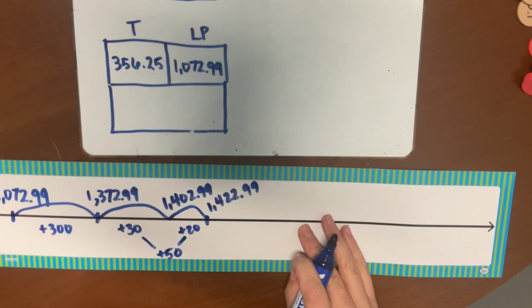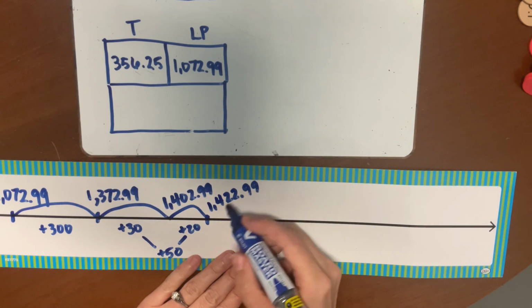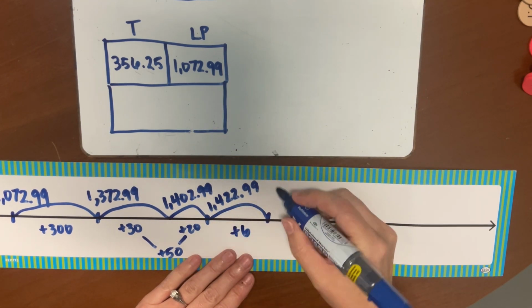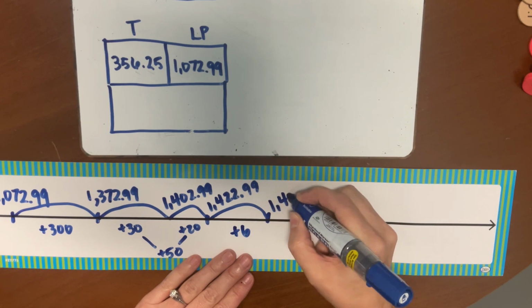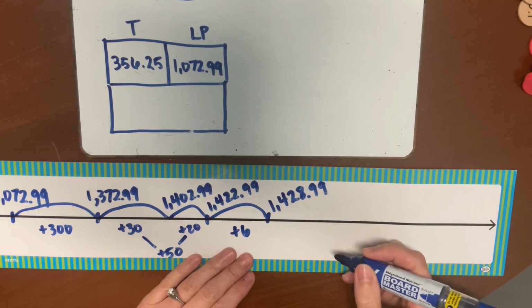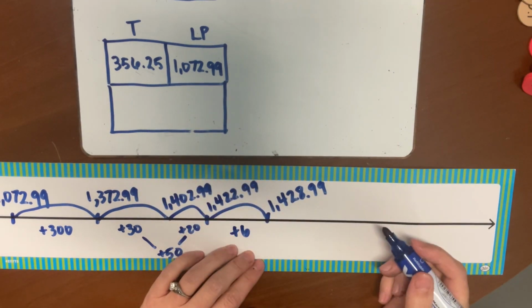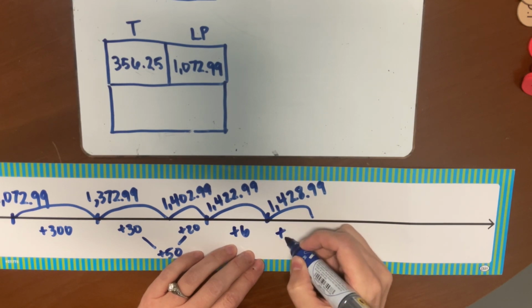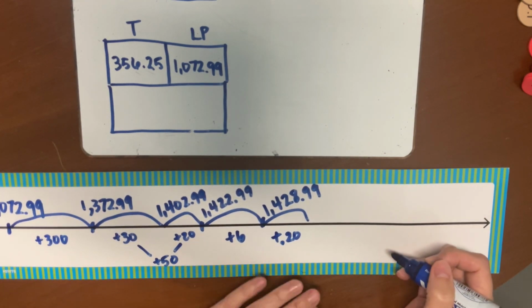I still have $6.25 left. So let's add the $6. That's easy. Plus 6. 1,422 plus 6 is $1,428.99. Okay, so now I have the 99 cents plus the 25 cents. Well, let's just do the plus 20 cents. So 2 tenths.